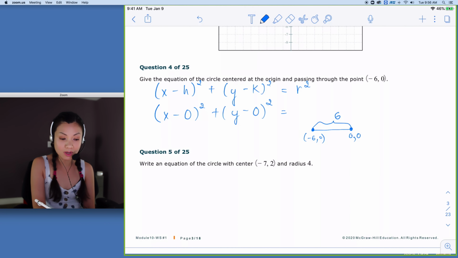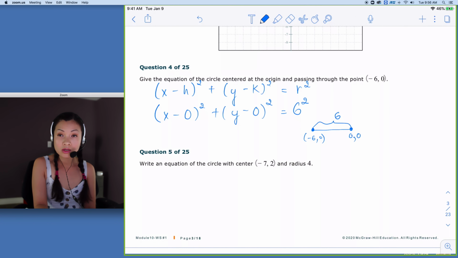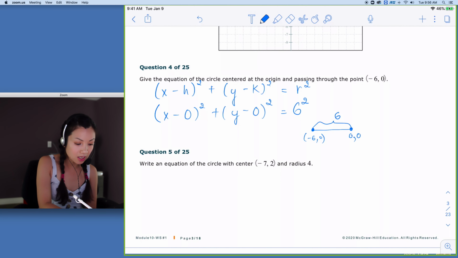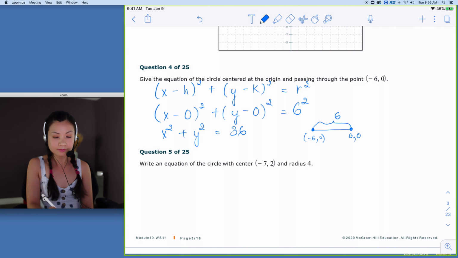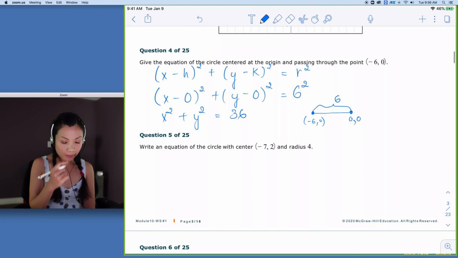So that's going to be the radius. But don't forget, you have to take 6 squared. So what I have for this equation is going to be x squared plus y squared equals 36. Okay. Now, that problem is quite easy because you have the center at the origin.